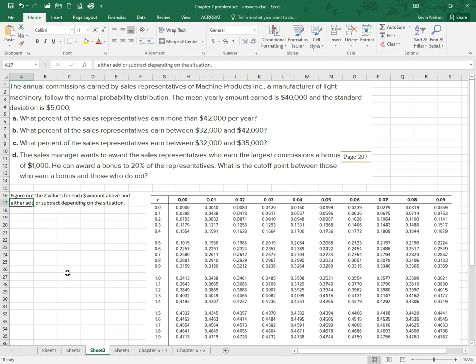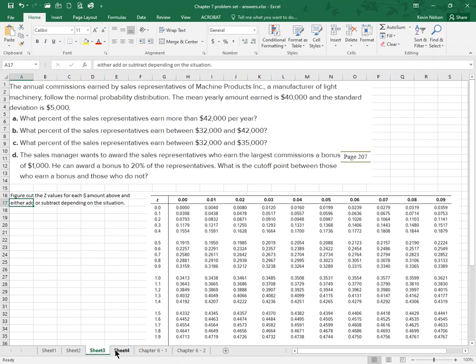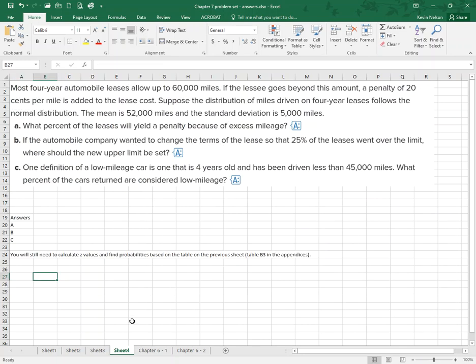You'll have to add some, subtract some, and figure those kind of things out, just like the examples shown in class. And this is going to be true of both sheet 3 and sheet 4. These are both normal distributions, and so you're going to use the same type of things, calculating z values and finding probabilities in the table.